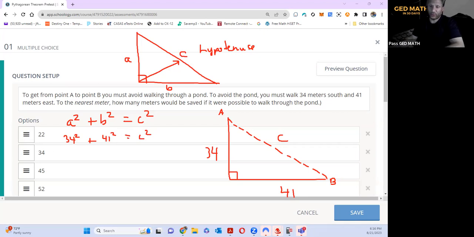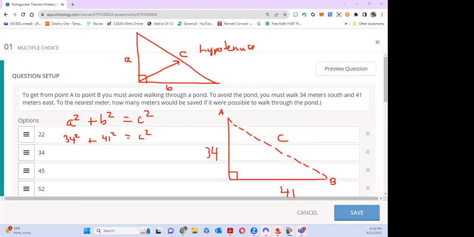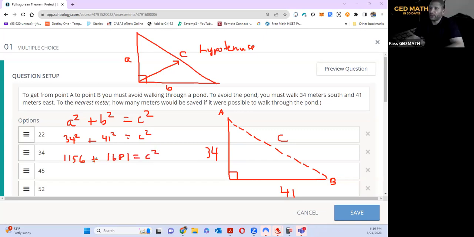Now tell me what 34 squared is. 1,156. Did you use a calculator or do it by hand? I used my calculator. Perfect. What is 41 squared? 1,681. So 1,156 plus 1,681 equals 2,837. 2,837 equals C squared.